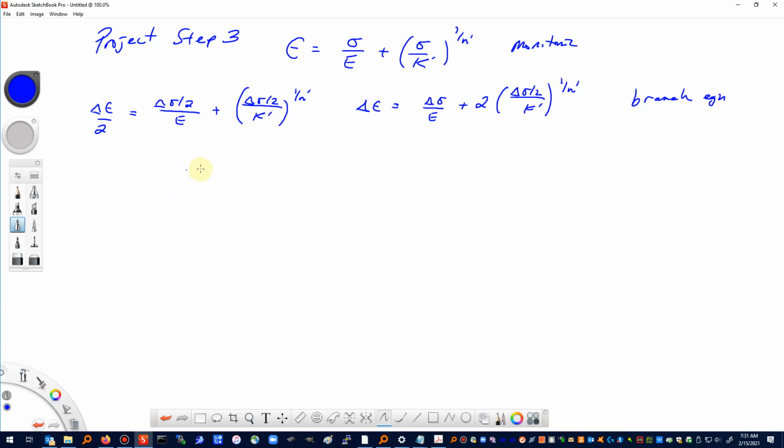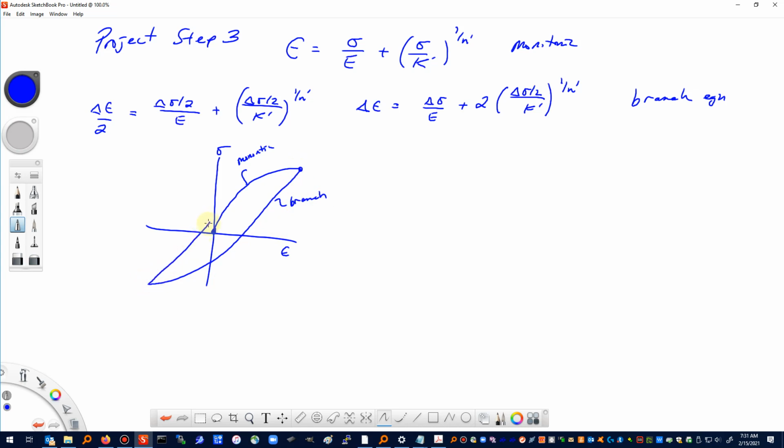All right, so what we can do with these two equations is we can go from, on our stress strain plot, from 0 stress and strain up to some maximum value using the monotonic equation. And then we can use the branch equation to bring it on down to here and so forth.